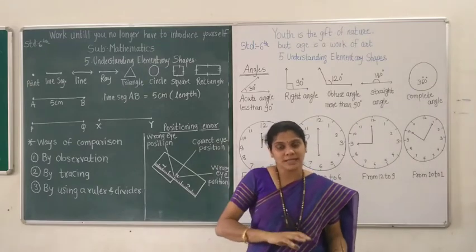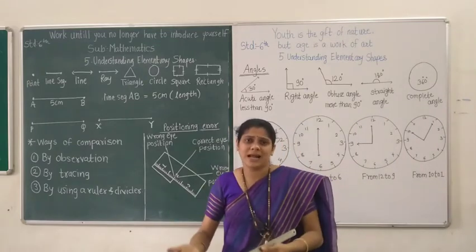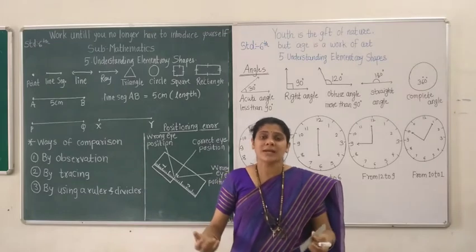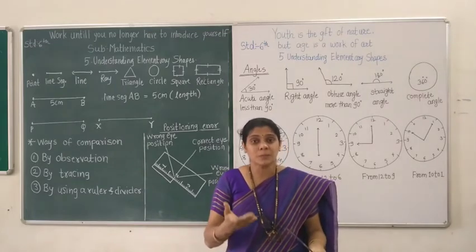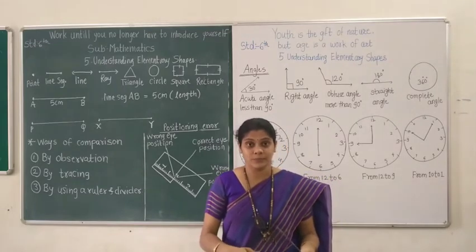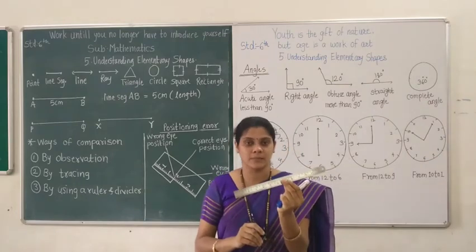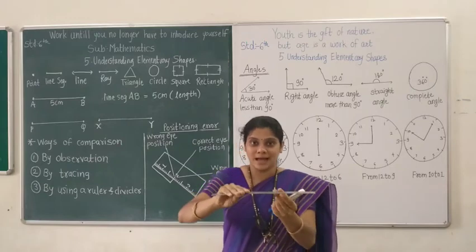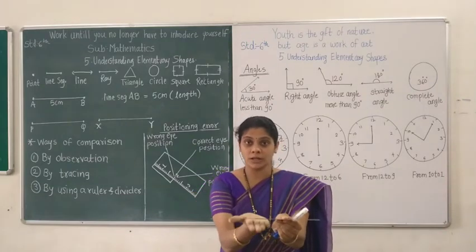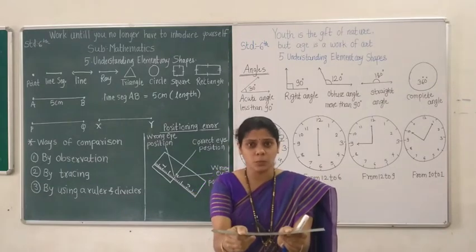Now, positioning error. While constructing a quadrilateral, triangle or many other shapes, we have to keep our positioning right. This is a ruler. Now I have to draw a segment, so I will keep it on this line or on the notebook.